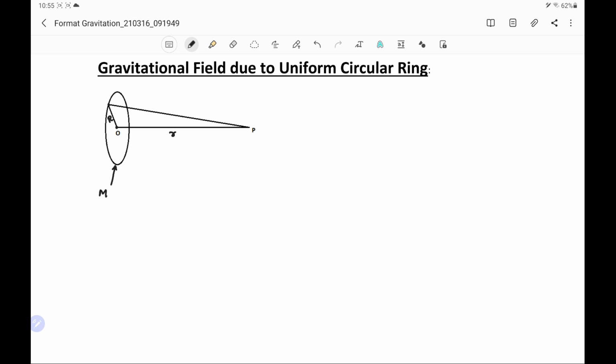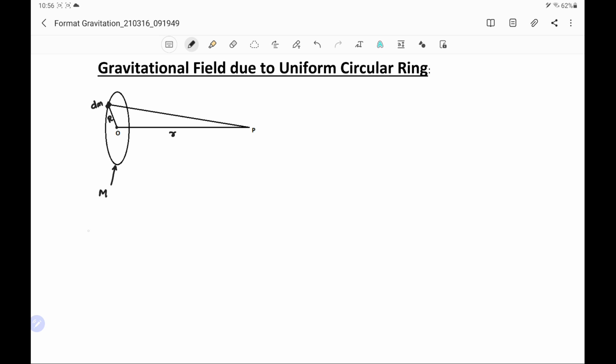Because the ring has the mass distribution continuous on its circumference, we will use the differential and integration method to find the gravitational field. For that, we take an elementary mass on the circumference, say it is dm, and this elementary mass will act as a point mass.